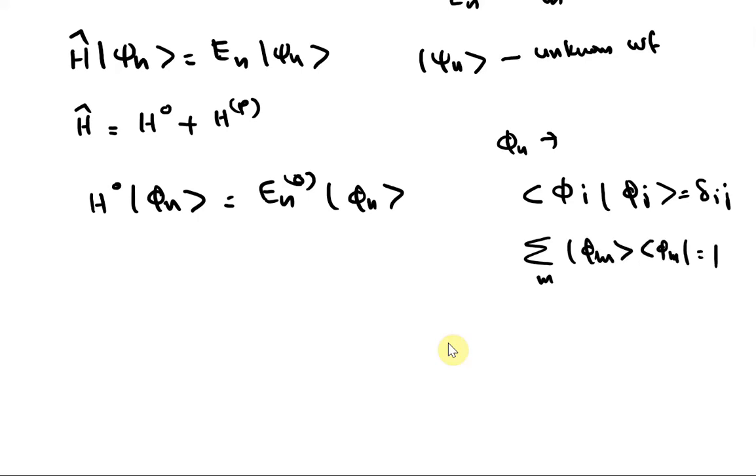So this is an orthonormal basis on which we are representing the unperturbed states of the Hamiltonian.